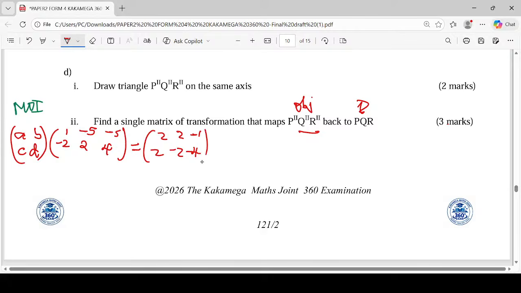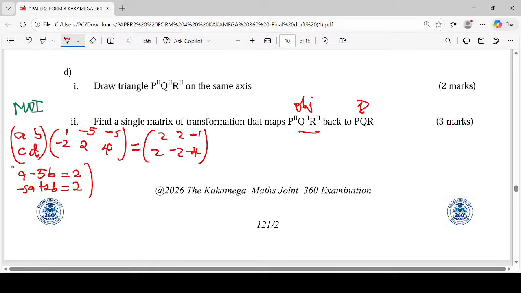So let's do the multiplication. We are going to have here A minus 5B is equal to 2. Then the next one we can have is negative 5A plus 2B, which will be equal to 2 also.